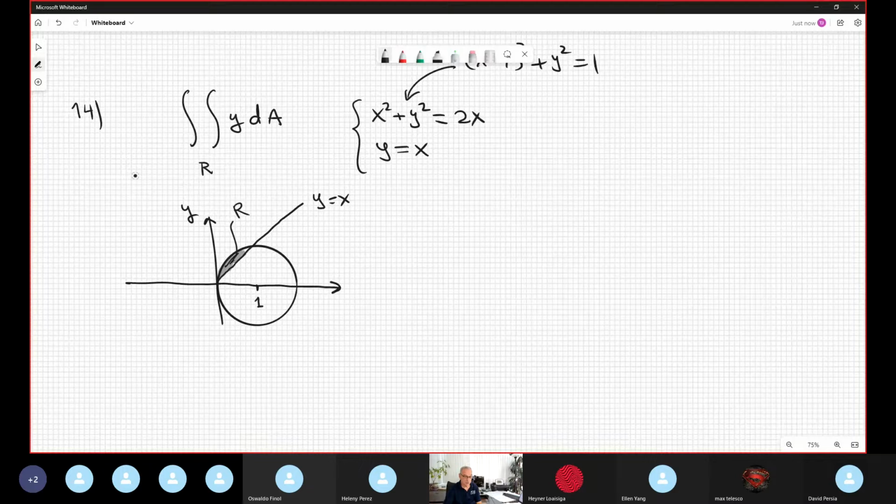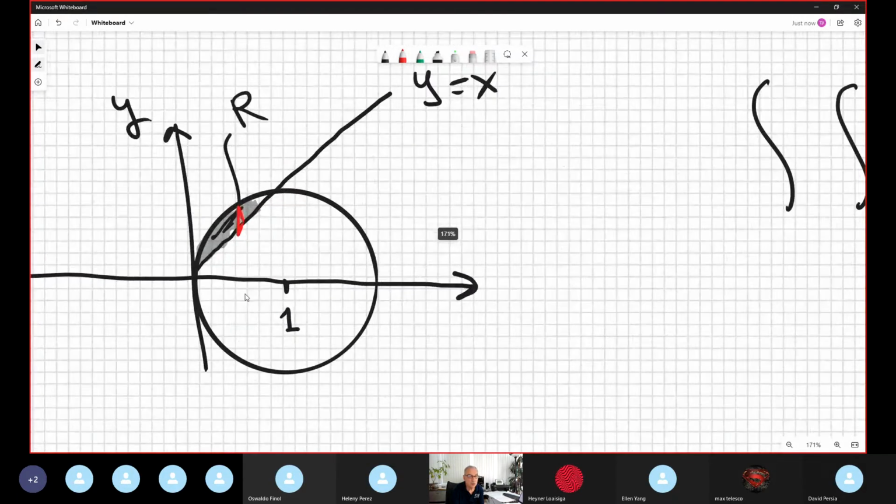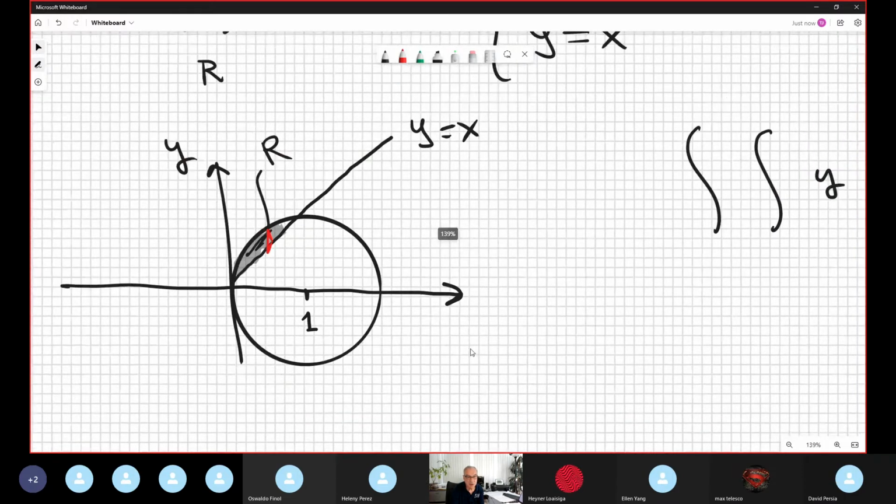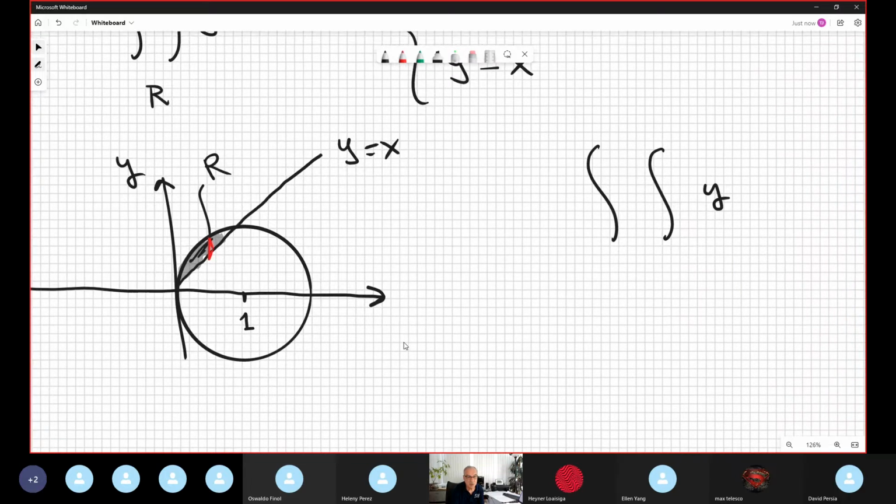Okay, suppose one student can say, no, I don't like polar. I want to do a Cartesian. So why? Entonces the direction of the integration, maybe we are doing in that direction. Let me make a zoom to see more clear the region. And I set up the double integral to compute this volume.